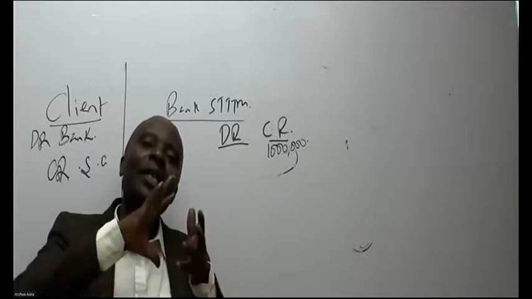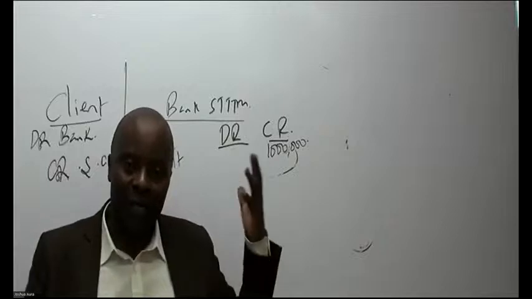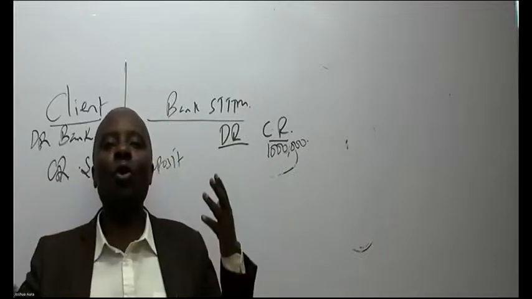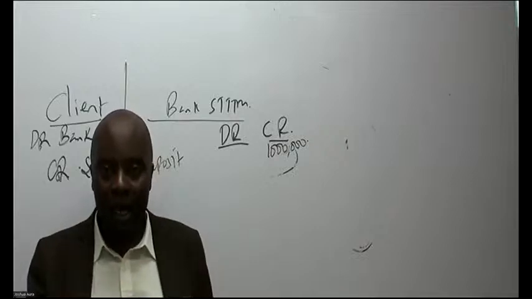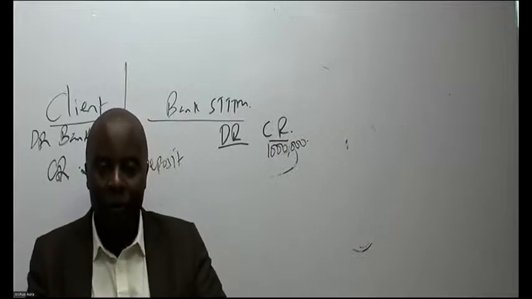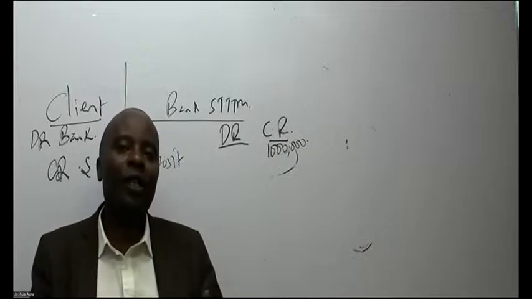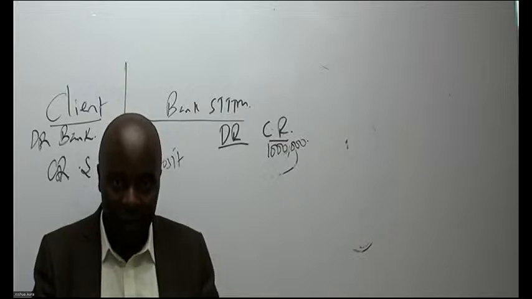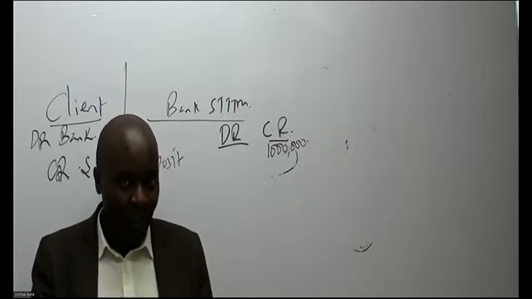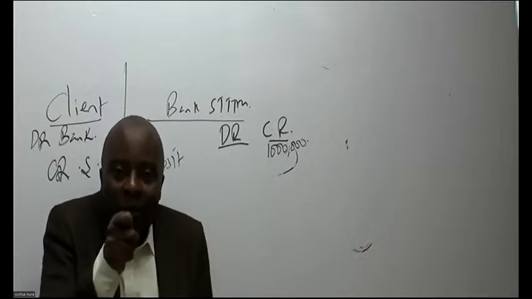But on the other side, there is a time lag, a timing difference. The bank may take 2 or 3 days to have this money. I've lodged my check with them, but they may take 2 or 3 days to have this money transferred to my account. So these are checks that have been lodged there, but have not yet become money.